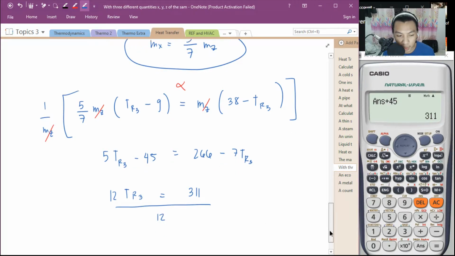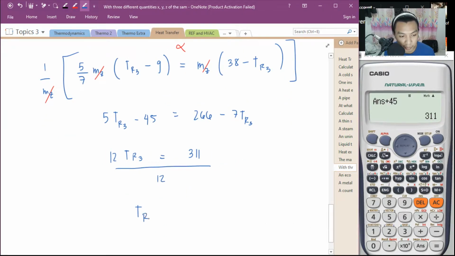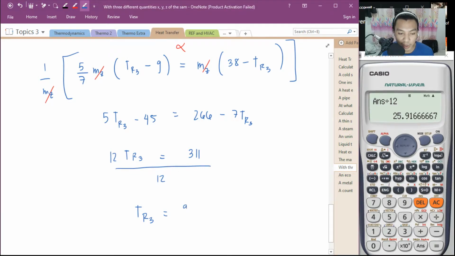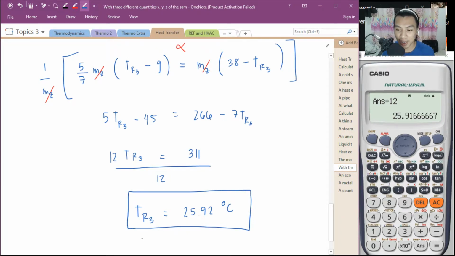Now, the resulting temperature will be 25.92 degrees Celsius. Okay, that is the resulting temperature when Z and X are mixed. Algebra lang, 'di ba? Napakadali lang niya.